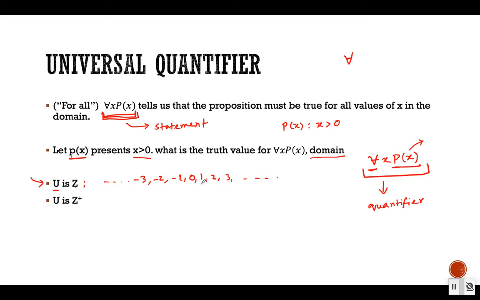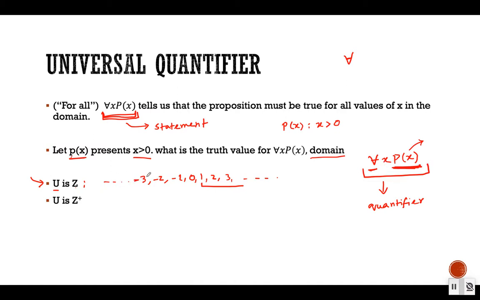For all positive integers, 1, 2, 3, 4, the predicate is true, but it is not the case for all integers.